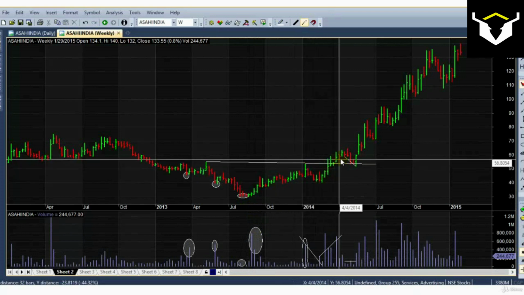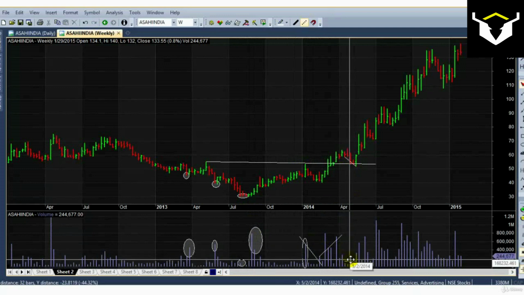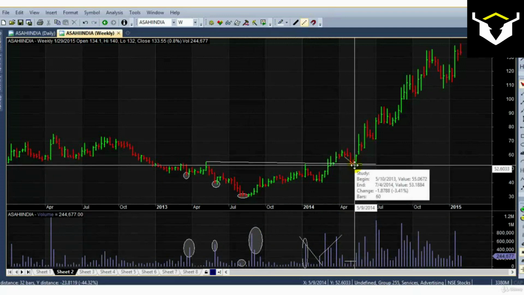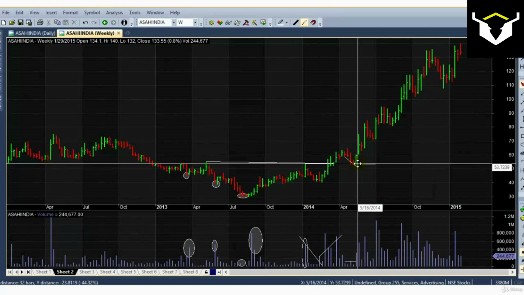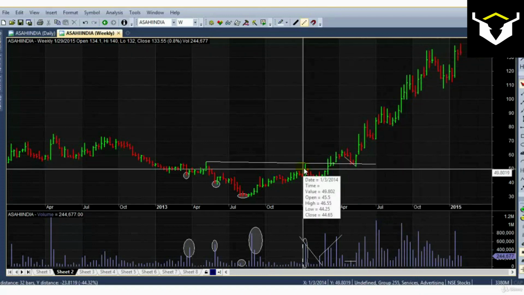Then there was breaking of the trend line on higher volume, and then retracement on negligible volumes, suggesting that traders are looking for the upside in this stock, and then prices reverse and make a new high.